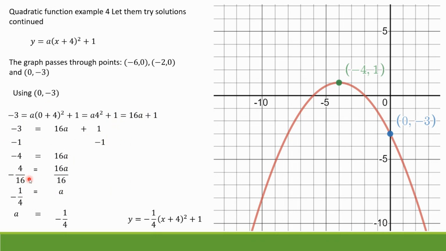I rewrote it as -1/4. If you left it as -4 over 16, that's fine. So a is -1/4, and that's our function. This is our equation, excuse me.